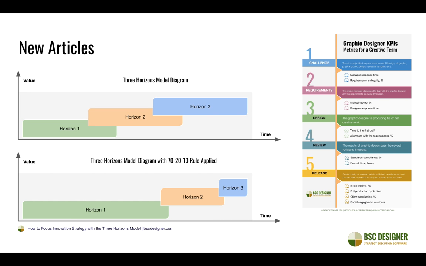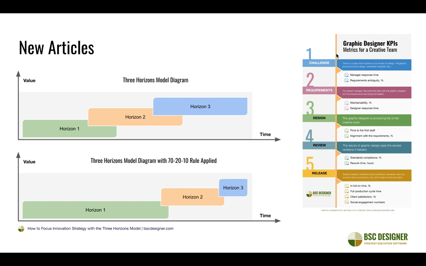And of course, we added some new useful content to our website. First of all, for the mentioned templates, you will find these 2 articles. In one article, we explain what the 3 horizons model is about and how to use it, how to benefit from it. We'll give some references.